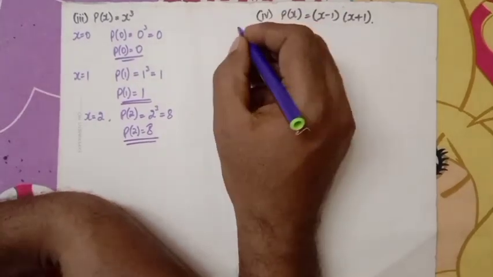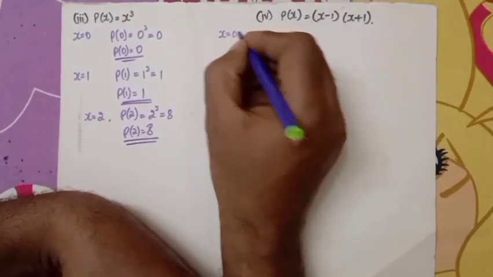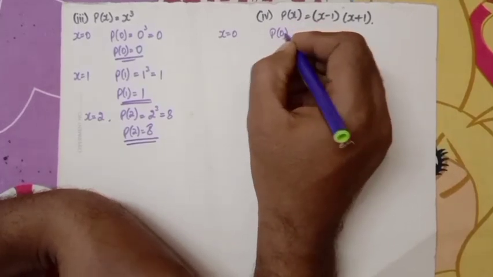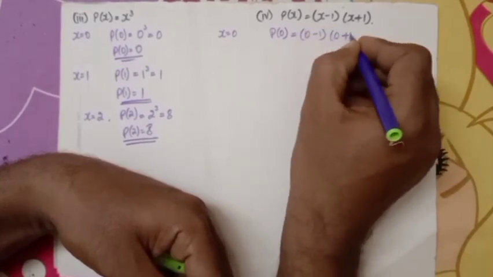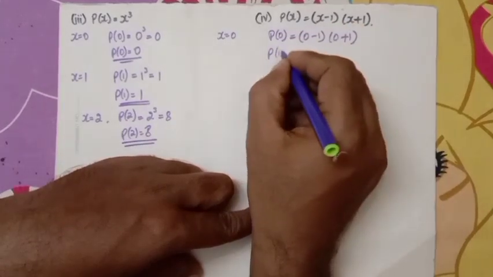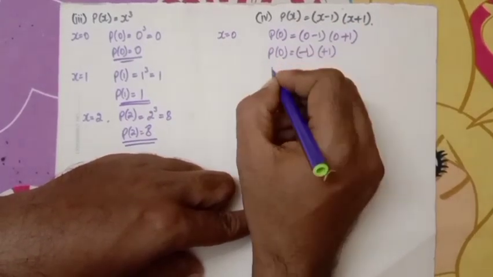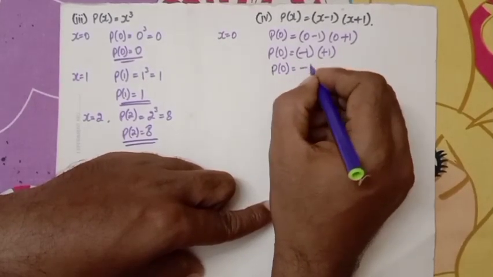Likewise, for the fourth problem, we can take x is equal to 0. P of x can be written as p of 0 is equal to 0 minus 1 into 0 plus 1, as we have replaced x by 0. So p of 0 is equal to minus 1 into plus 1, which is minus 1.